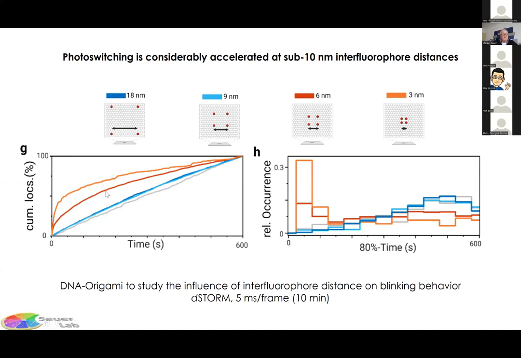But for the 6 nanometer separated and 3 nanometer interfluorophore distance, we see that the majority of localizations occurred during the first minutes, seconds. On the right-hand side, we then plotted for different individual origami after which time 80% of the localizations have been detected during the 10 minutes. And you see for the 18, 9 and reference, it's this bluish gray time. But for the 6 and for the 3 nanometers, 80% of all localizations are detected within the first minute or so.